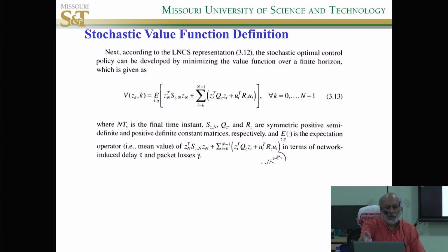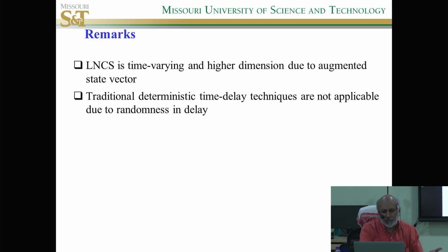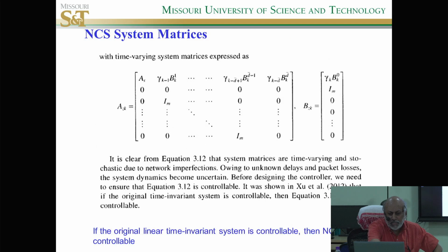Then we use the Q-learning. Because this is a linear system and we're going to use the Q-learning, the process is very much the same as what we did. So the linear network is time varying and higher dimension because you are using an augmented system. Because of the augmented system, the dimension of the matrix A_zk is different from the original system.